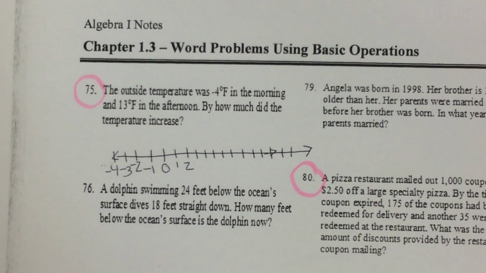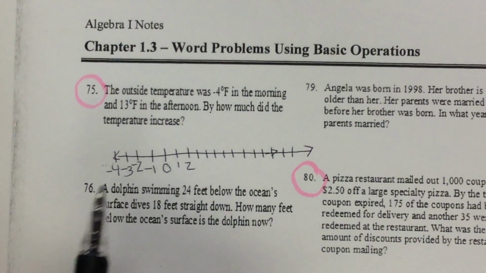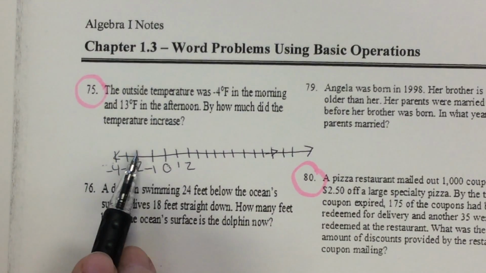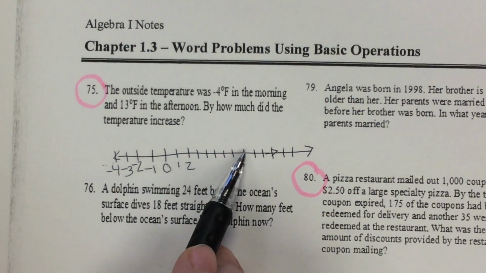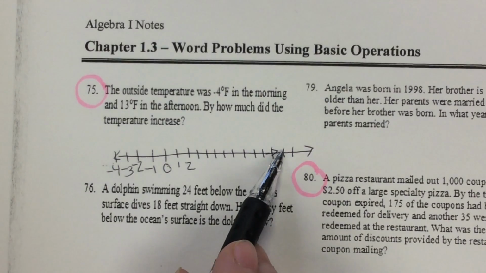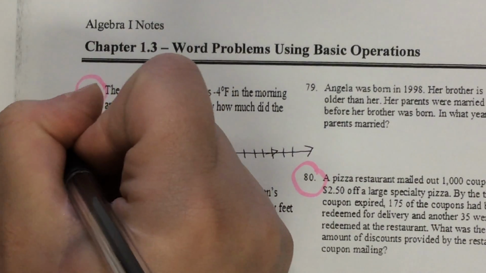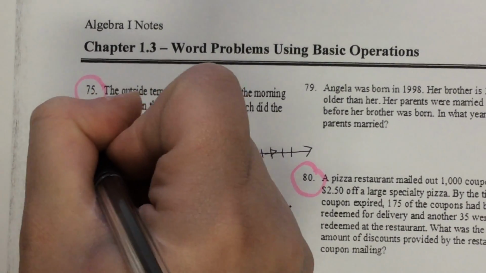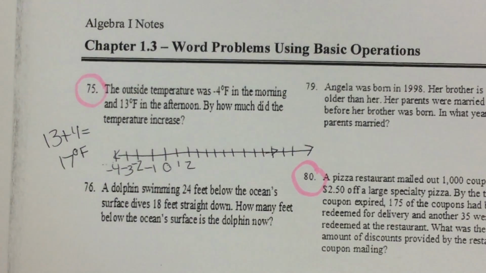Some of you already know that that would basically be 13 plus 4. Okay, so 1, 2, 3, 4, 5, 6, 7, 8, 9, 10, 11, 12, 13, 14, 15, 16, 17. Okay, so 13 plus 4, it increases by 17 degrees Fahrenheit.